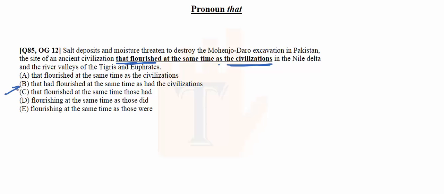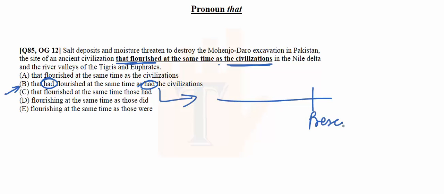Jump to the second one: that had flourished at the same time as had the civilizations. Why do we require had here? Although this particular option is not based on the demonstrative pronoun, the use of tense is not correct. Had is mostly used when we have two events in the past.